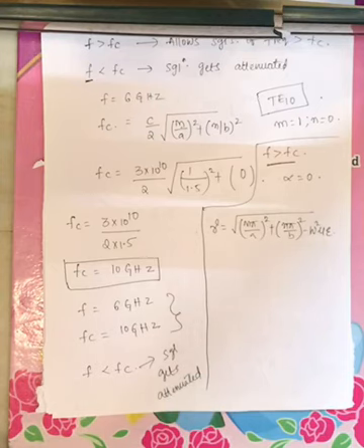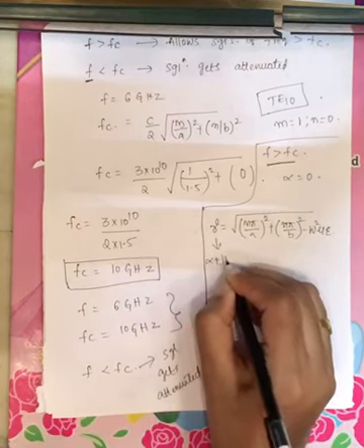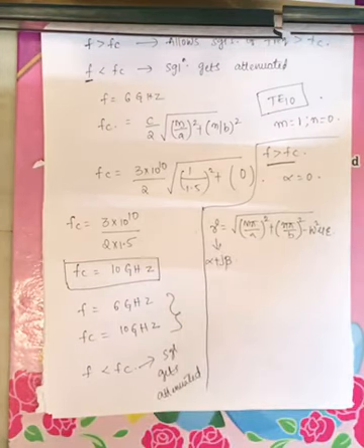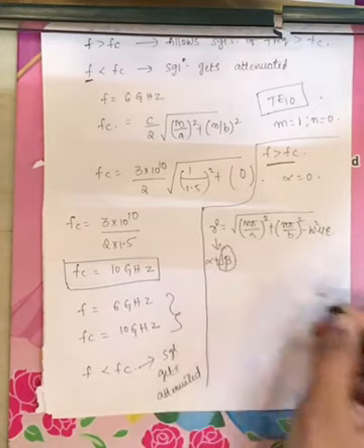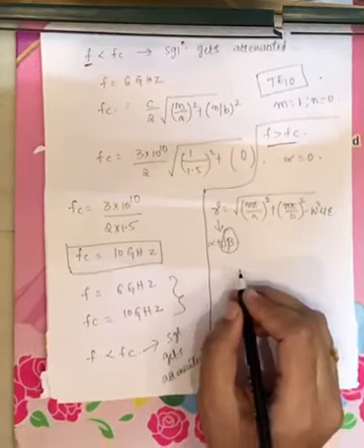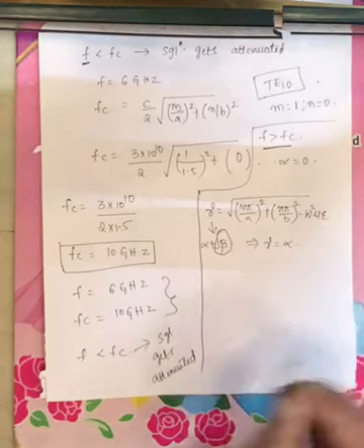Now this is expression for gamma. What is gamma? Gamma is nothing but alpha plus j beta, right? Now signal is getting attenuated. That means you won't have any phase term. Now this indicates gamma equals alpha.